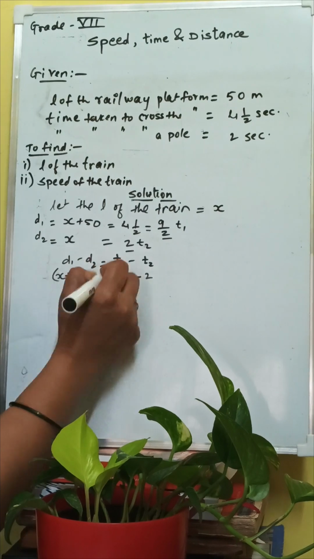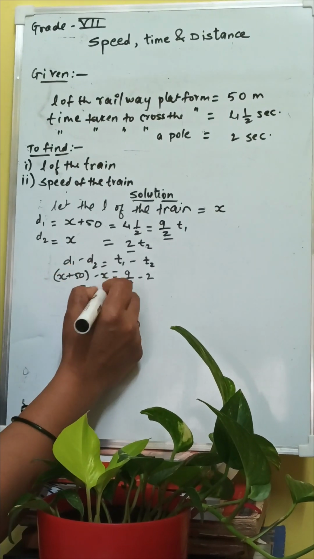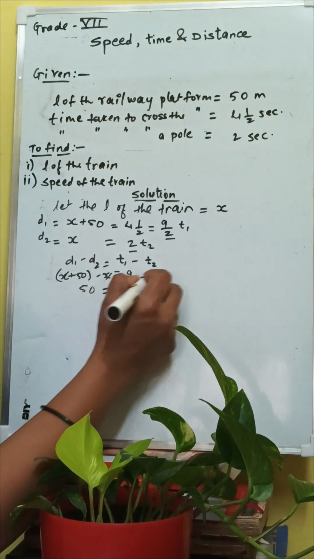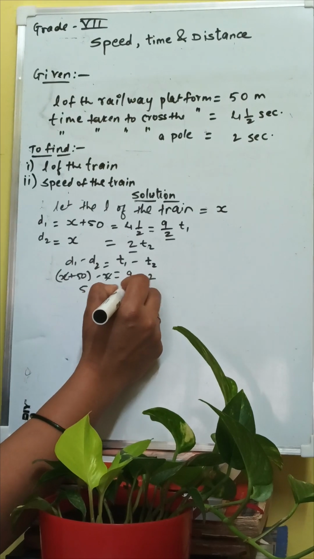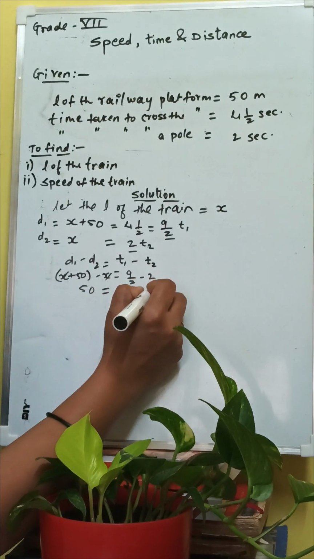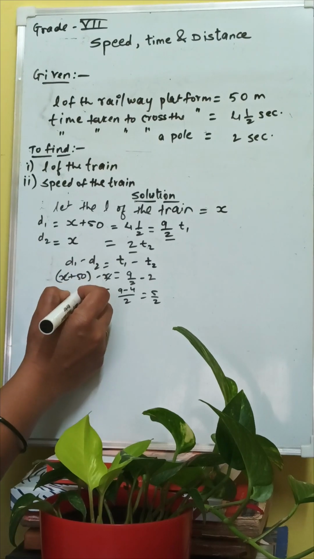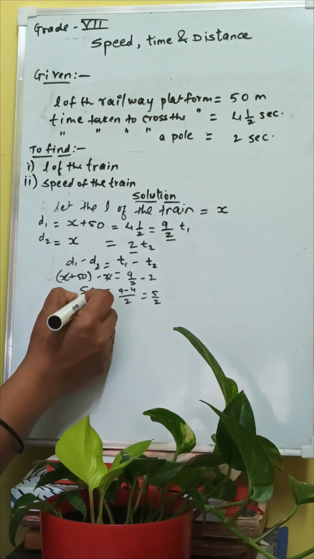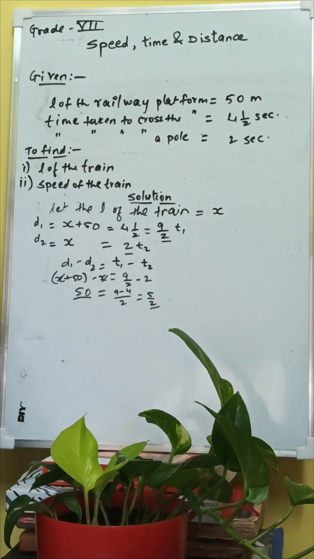If we solve the brackets, we get 50 is equal to 9 upon 2 minus 2. 2 is the LCM, so 9 minus 4, which is 5 upon 2.